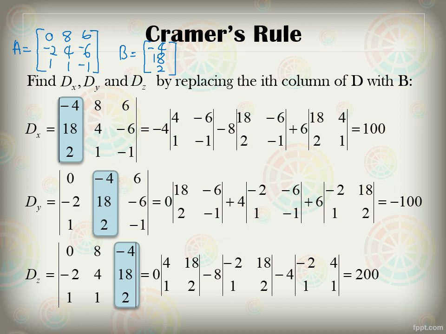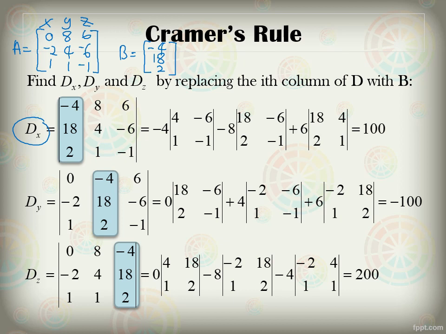The column for x is this, this is the column for y, and this is the column for z. So to find the determinant Dx, we will delete the column x.